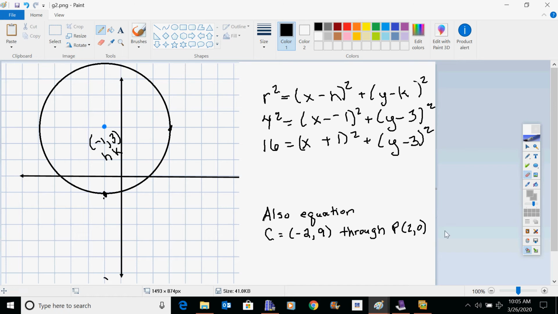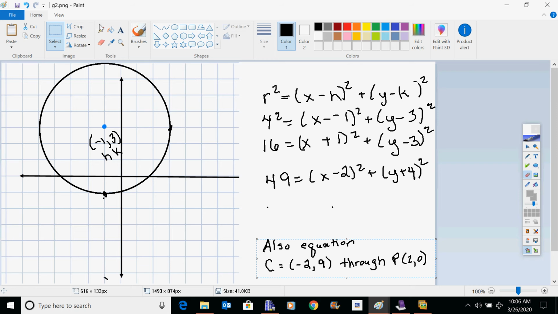Now, keeping that in mind, you could also be asked to go backwards from that. If you had an equation like 49 equals x minus 2 squared plus y plus 4 squared, you could be asked to find any manner of different things, like the radius or the center.